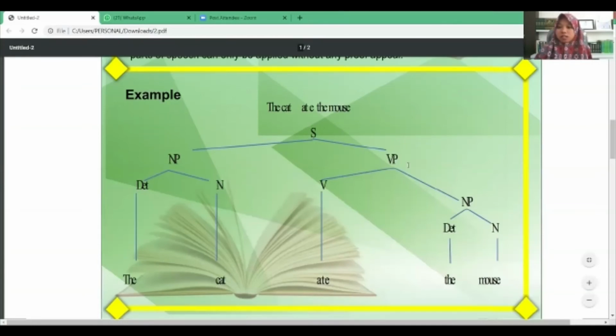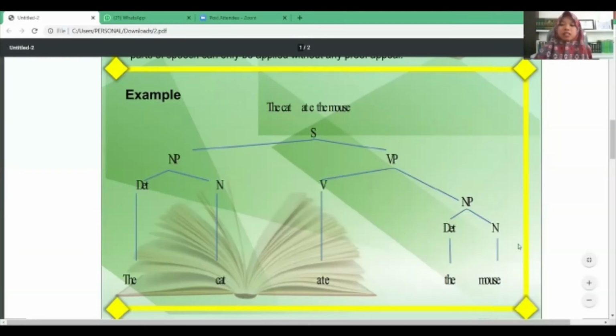And now we have ate the mouse. Ate here is a verb, and the mouse is a noun phrase which contains a determiner and a noun.